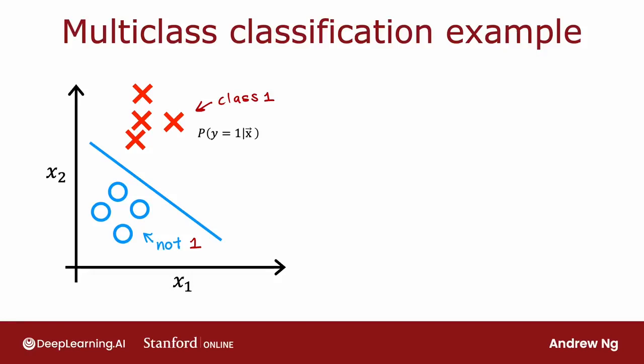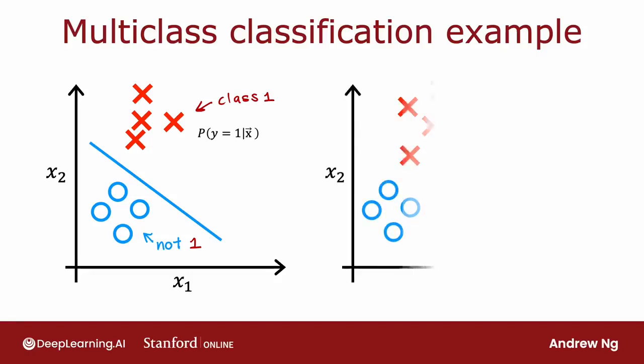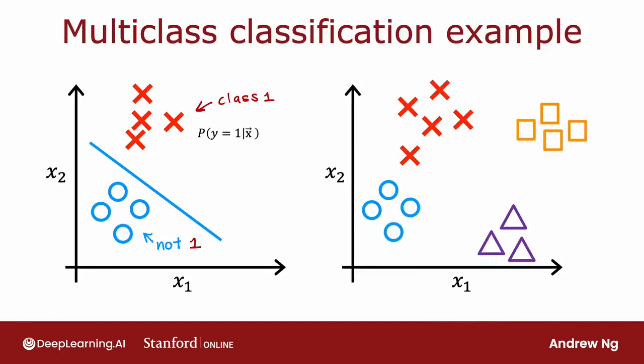With multi-class classification problems, you would instead have a data set that maybe looks like this, where we have 4 classes where the O's represent one class, the X's represent another class, the triangles represent a third class, and the squares represent a fourth class.